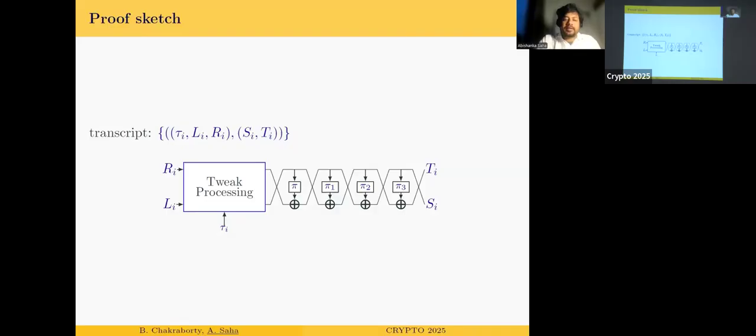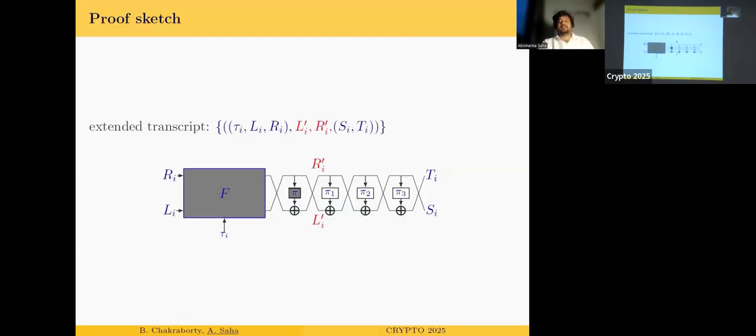So in our proof, we actually considered the extended transcript, where we uniformly sample F from the TLR compatible function family as we have defined above, and we also uniformly sample a permutation pi from all n-bit permutations, and we compute this Li prime and Ri prime, and these are adjoined to the actual transcript.